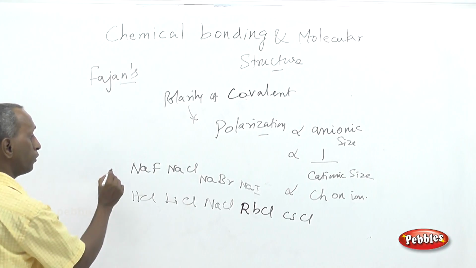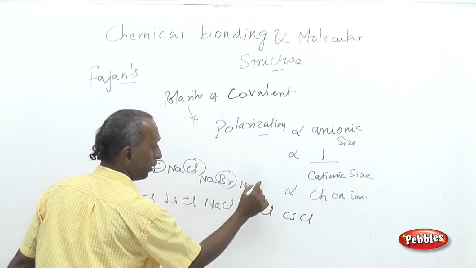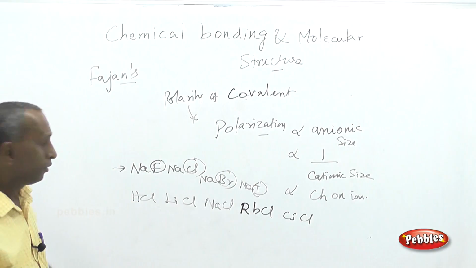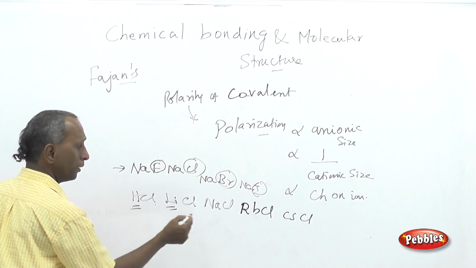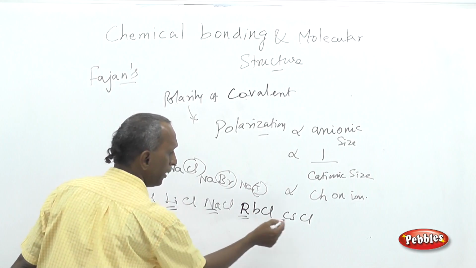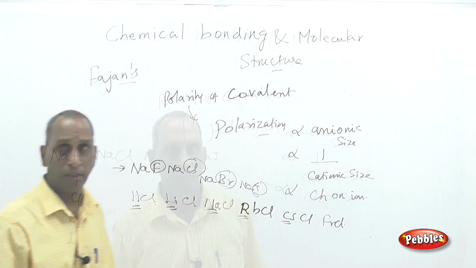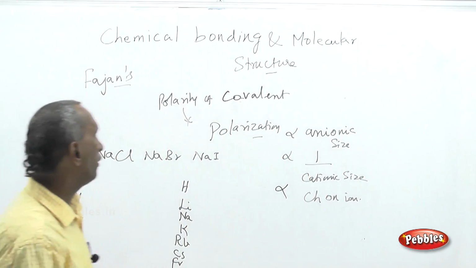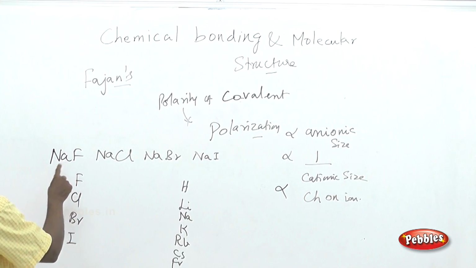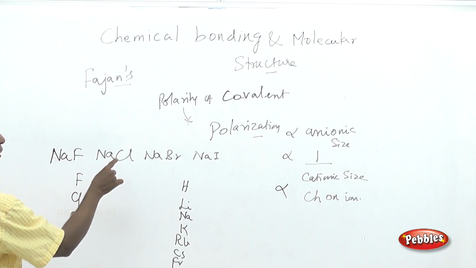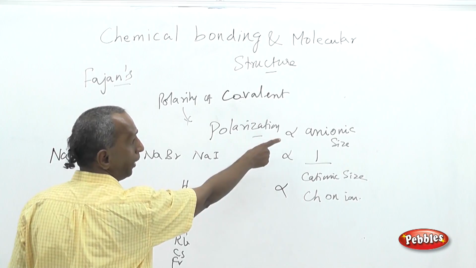In the first case, it is the variation in the anions, keeping the cation constant. The second one is the variation in the cation. Chlorine is common: hydrogen, lithium, sodium, rubidium, cesium, francium chloride. Now, if we compare the covalent and ionic characteristics of sodium halides: sodium fluoride, sodium chloride, sodium bromide and sodium iodide, you have to bear in mind these points.